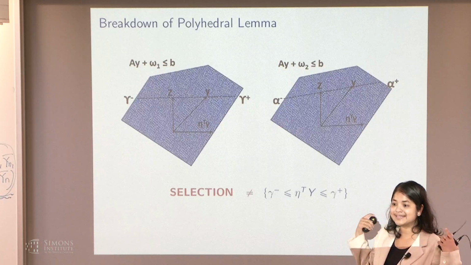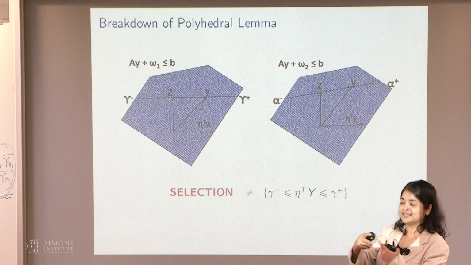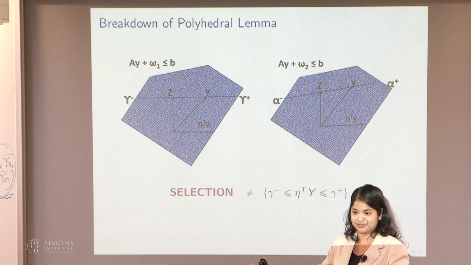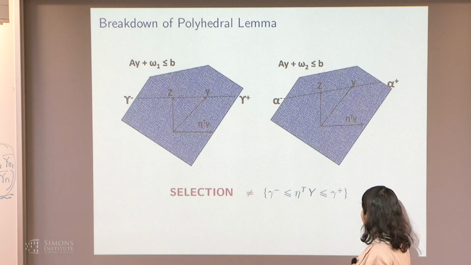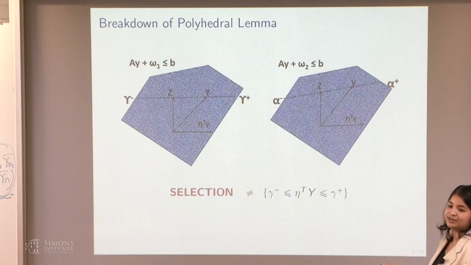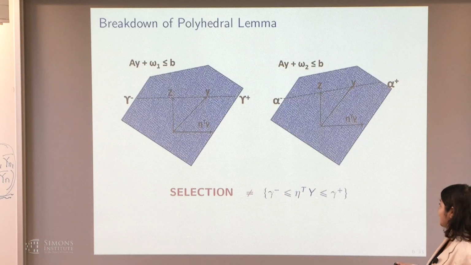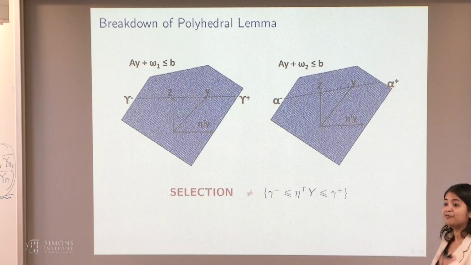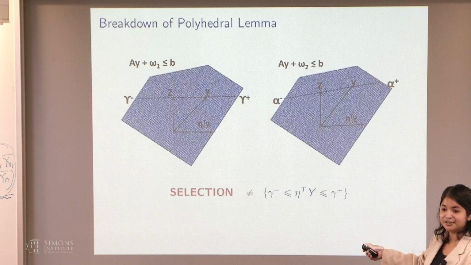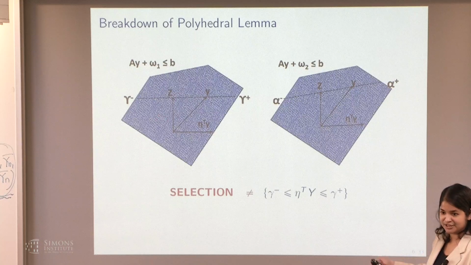So it's not a single polyhedral region, it's not a single ray to which my naive statistic is restricted. As a result, I cannot express my selection event in this form, that eta prime y is restricted to a fixed polyhedral region, to a fixed ray, gamma minus and gamma plus. But these gamma minus and gamma plus are now random quantities which vary as you vary your realizations of omega, which is a random quantity.